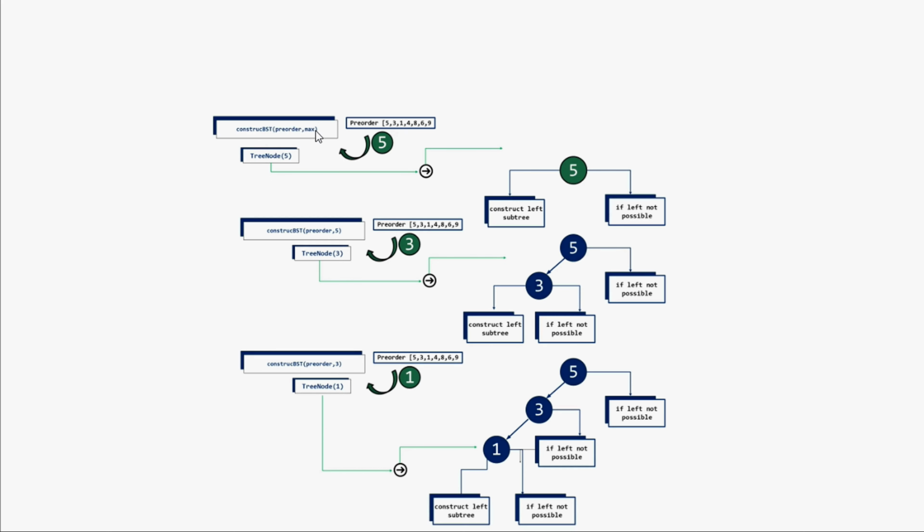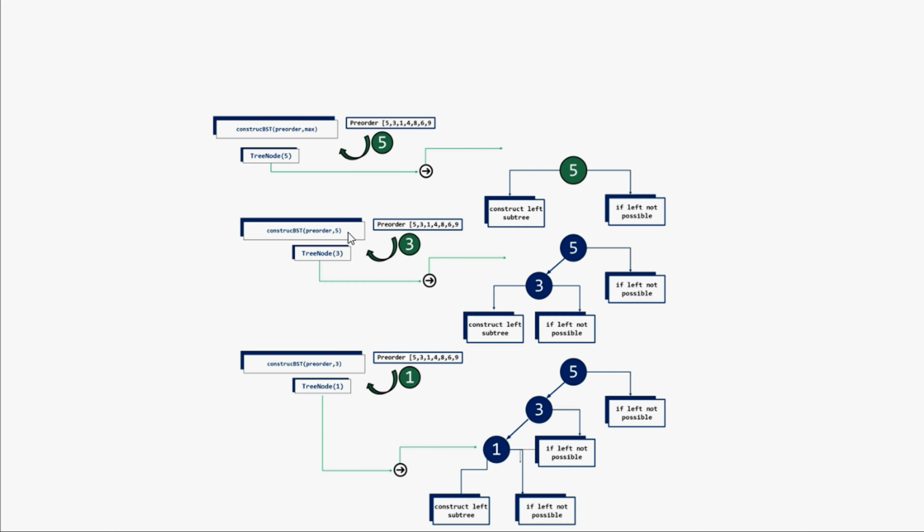We pass the preorder array and set the boundary to the construct BST method. So from the array we take the first element and create the root node with the value 5. Now we'll focus on creating the left subtree of 5.